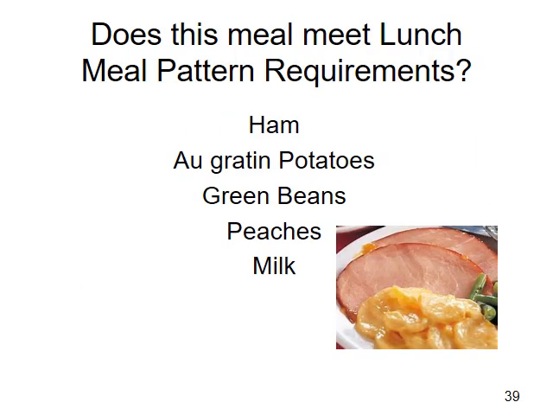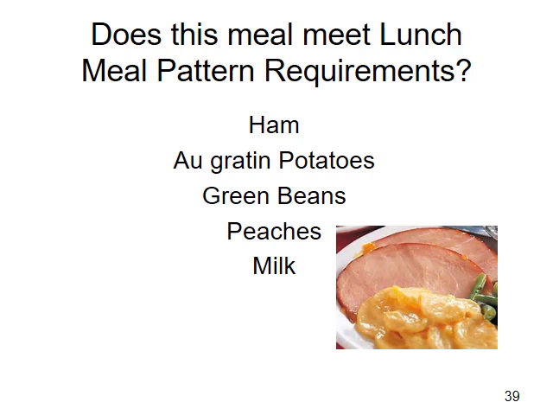Now let's take a look at a few meals to see if you can identify those that contain all the required components. Do not be concerned with portion sizes for this exercise. This meal contains ham, au gratin potatoes, green beans, peaches, and milk.